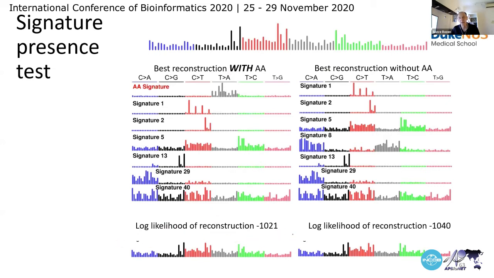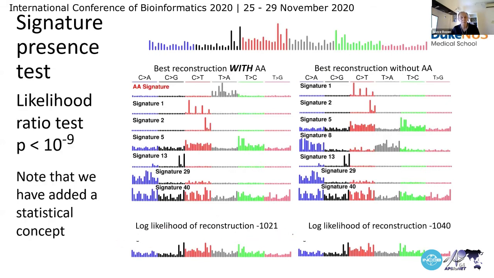And we do a standard test, which is called the likelihood ratio test. At this point we've added a statistical concept, and we can give you a p-value for the null hypothesis that the AA signature is not present compared to the alternative hypothesis that the AA signature is present, okay?